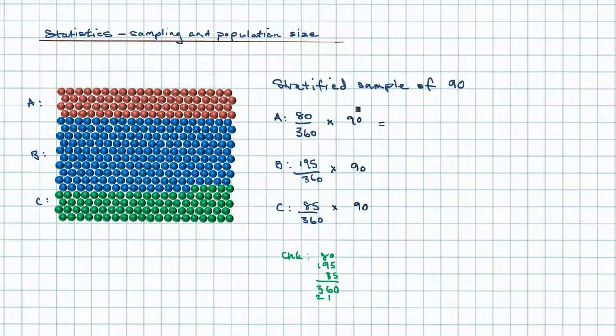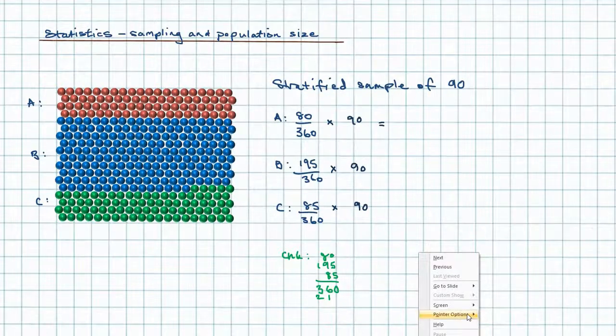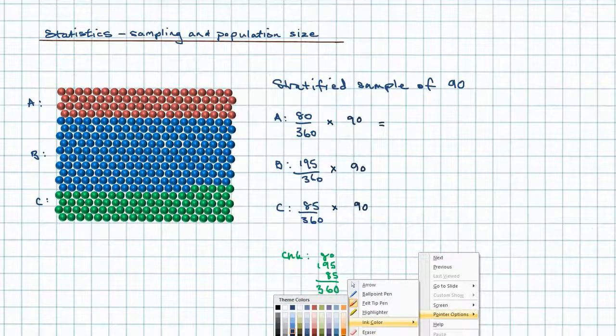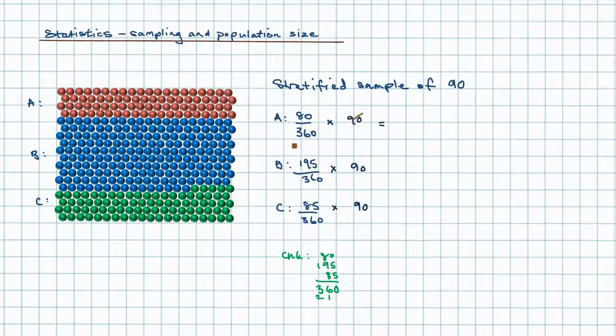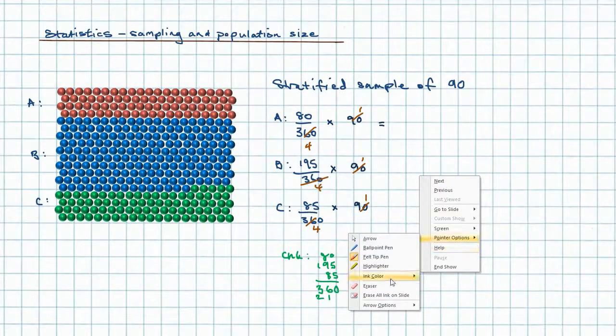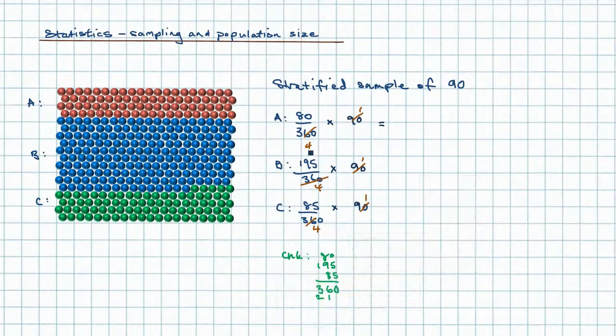And this immediately gives us a nice cancellation, because 90 goes into 360 4 times, and we can do that for all of them like that. Okay, so all we need to do is divide the 80 by 4. 80 divided by 4 gives us 20.